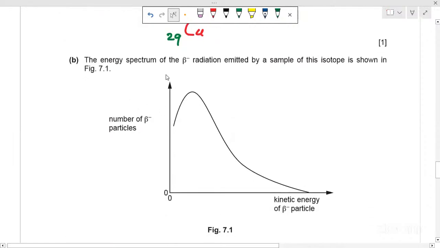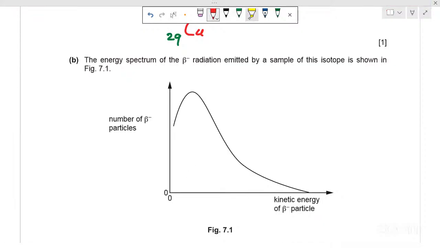The energy spectrum of beta negative radiation emitted by a sample of this isotope is shown here. It shows the number of beta particles, and over here you have the kinetic energy. If you look at this graph, there is a range of kinetic energy.